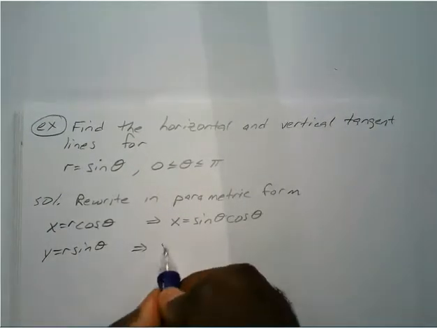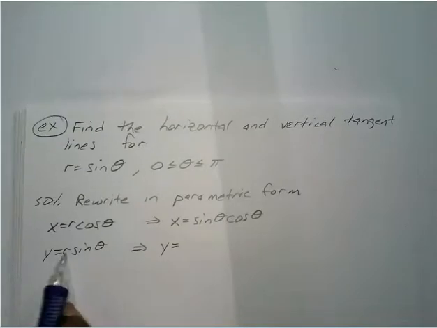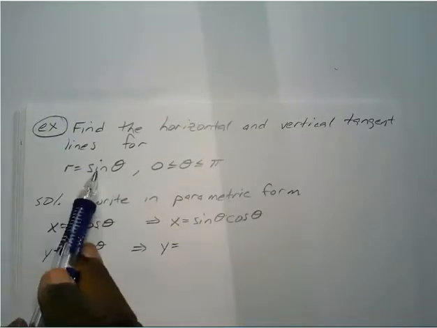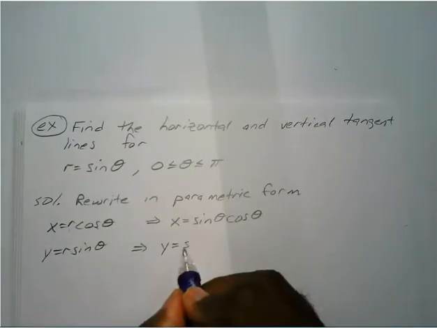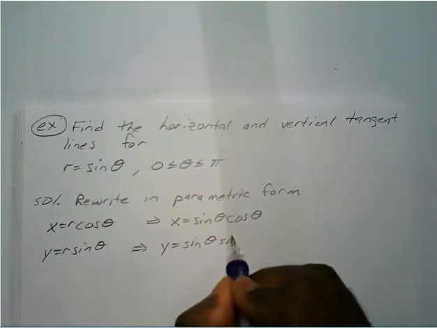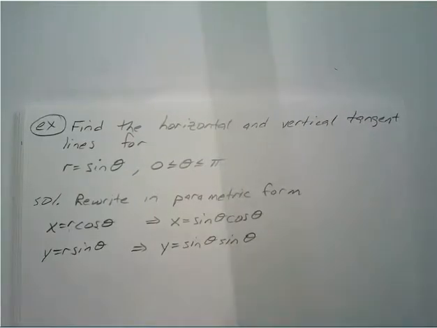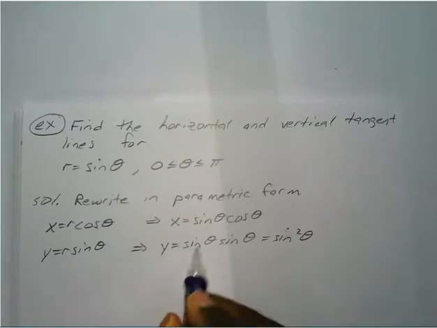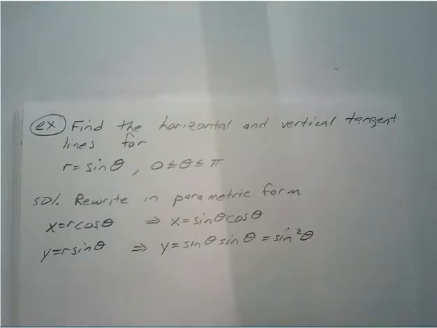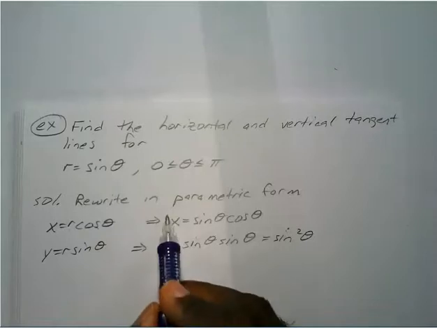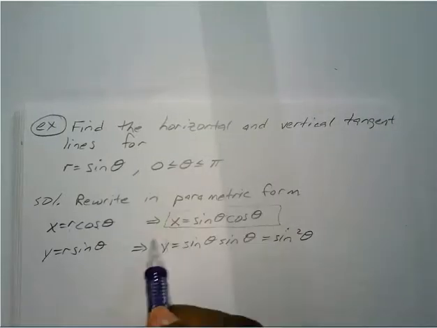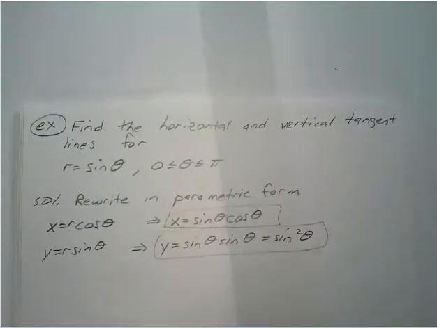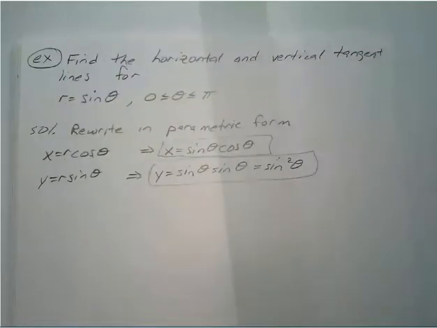We're just going to make that y equal to sine of theta times sine of theta. Or if you want, you can make it sine squared theta here. So we got a little square on those so we can keep those separate.